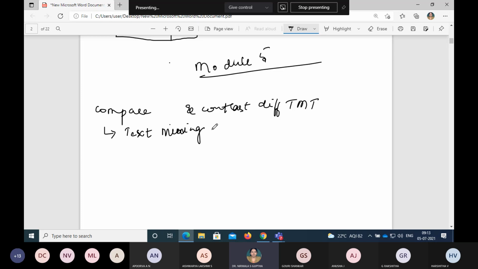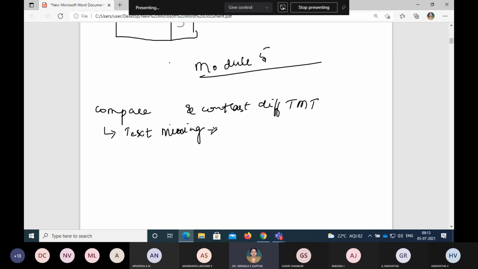So what are the learning objectives of this topic? The first thing is we need to understand the concept of text mining and its applications.